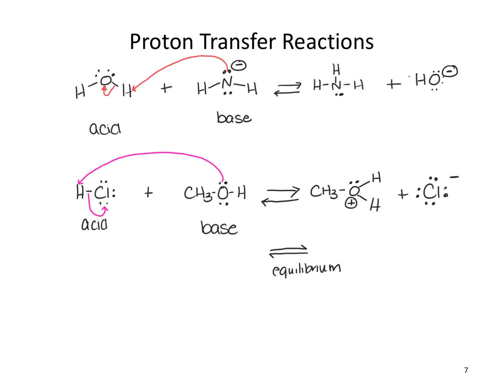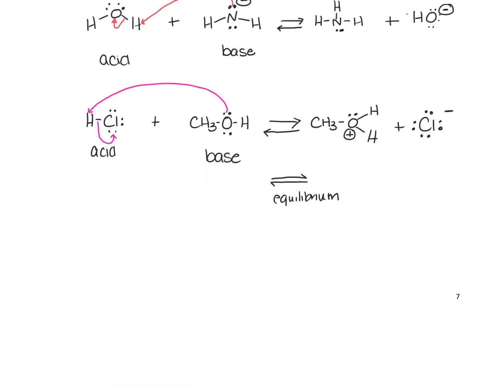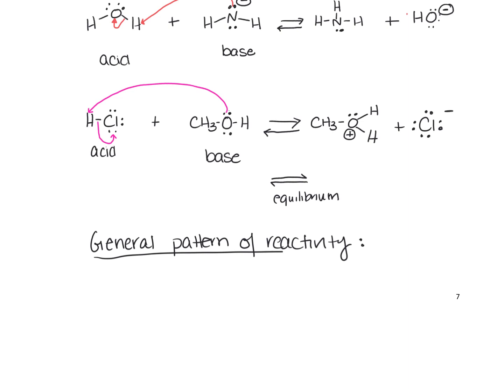Now, these reactions here illustrate a really important general pattern of reactivity that you are going to see all the way through organic chemistry. So here's our general pattern of reactivity.